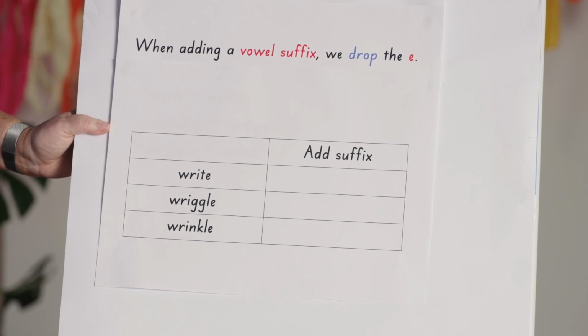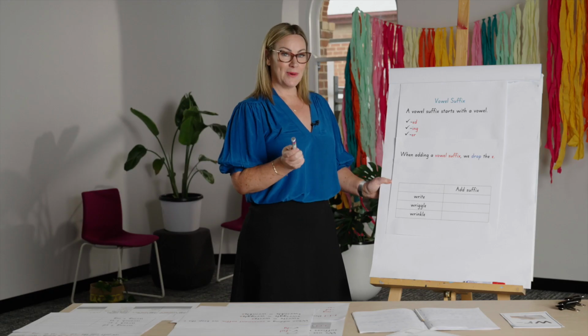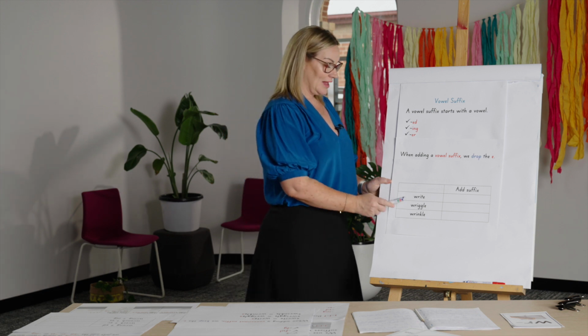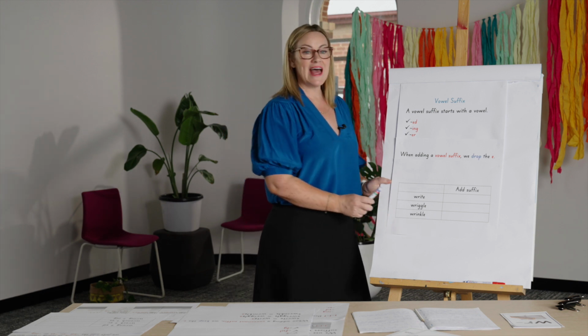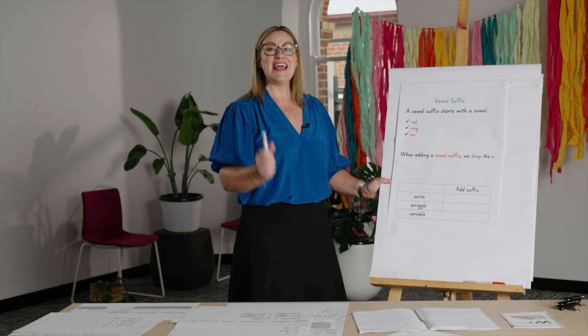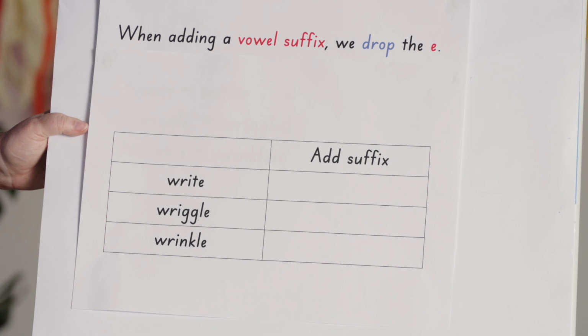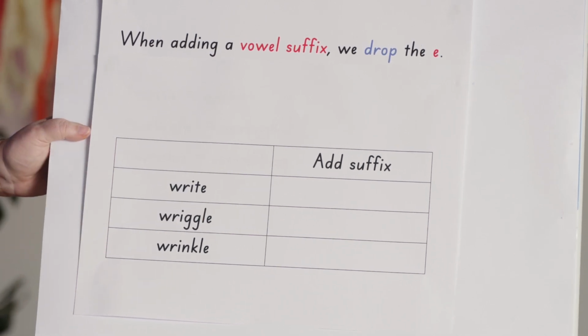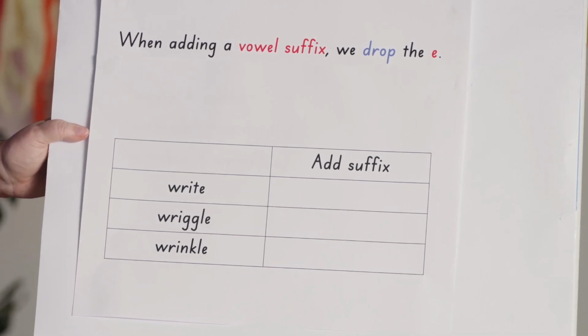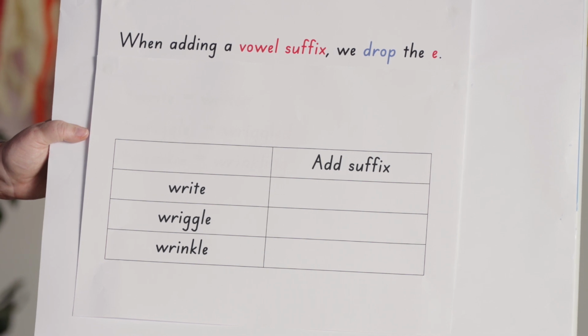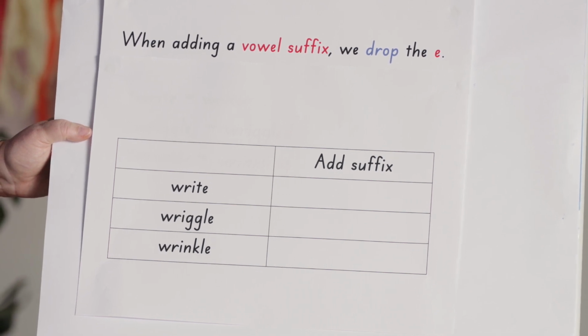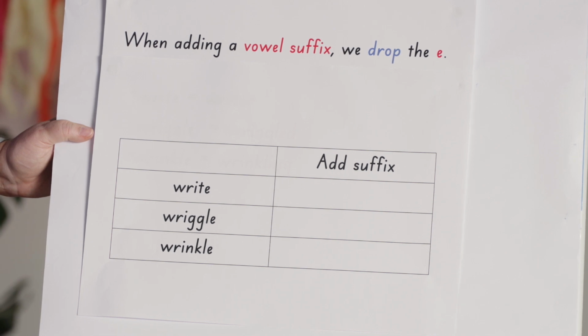Go. Next one, wriggle. I would like you to add the suffix ed, as in past tense, ed. So wriggle will become wriggled. Please write the word, wriggled. Pause me if you need a bit more time.